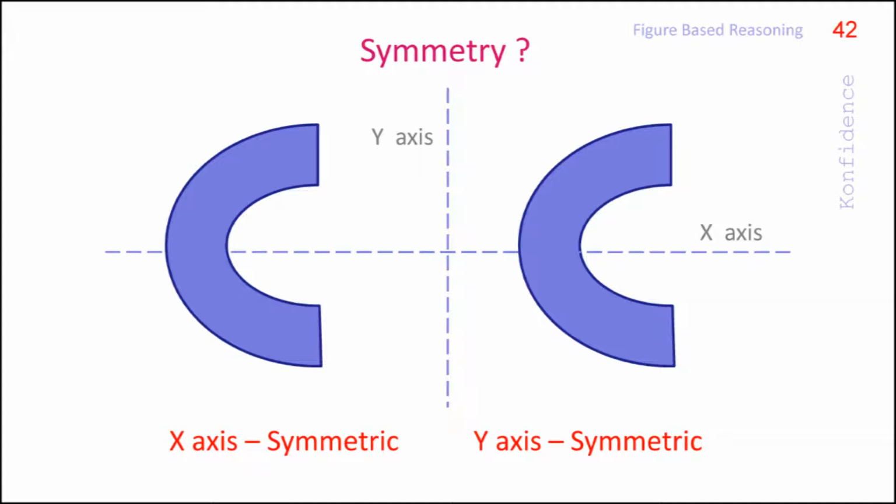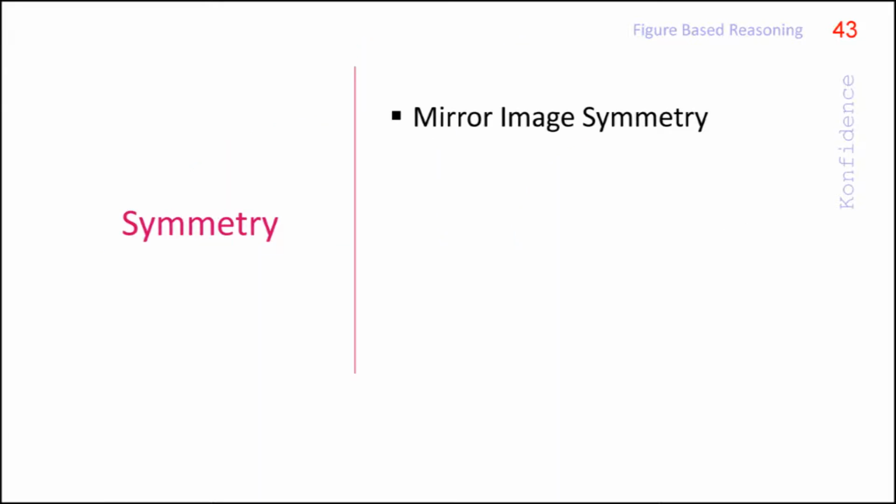But we can cut the right half, bring it on top of the left half, and it will fill it perfectly. The symmetry across the x-axis for the previous picture is what we call mirror image symmetry. And the one across the y-axis that we discussed is what is called direct symmetry. 2 different forms of symmetry, that's all.